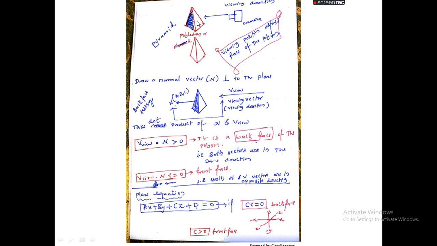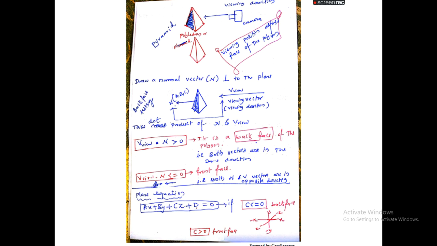So we need to eliminate this back face of the particular object, and keep whichever faces of the pyramid are visible to the observer with respect to this particular position. If the observer is standing here, this will become a front face and this will become a back face. For example, if the observer is standing somewhere else, then the front face and back face will differ.